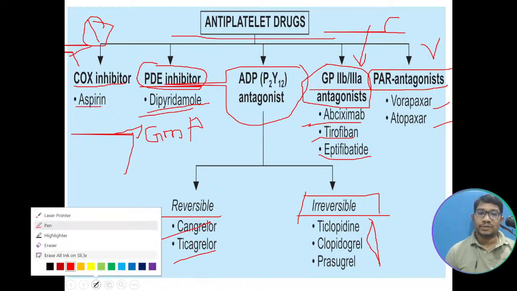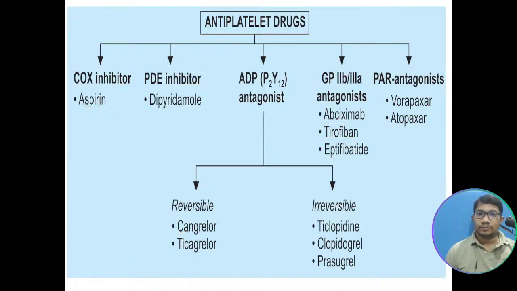An important classification can come for you. Remember: COX inhibitor, aspirin; PDE inhibitor, dipyridamole, because PDE is involved in the metabolism of cyclic GMP. Then ADP receptor antagonists: reversible are Cangrelor and Ticagrelor; irreversible are ticlopidine, clopidogrel and prasugrel. For GP2B3A receptor antagonists, a question has also come on this: abciximab, tirofiban, eptifibatide.